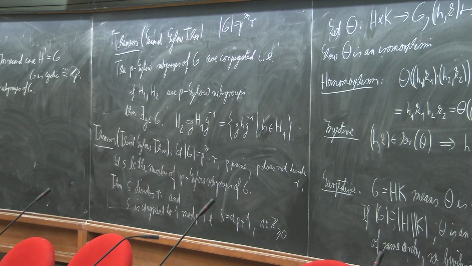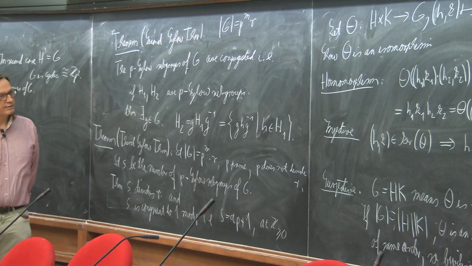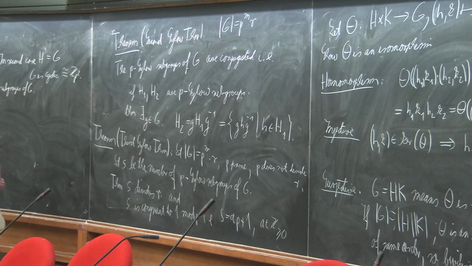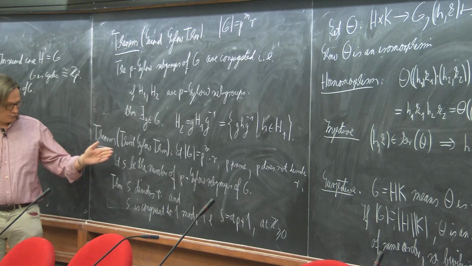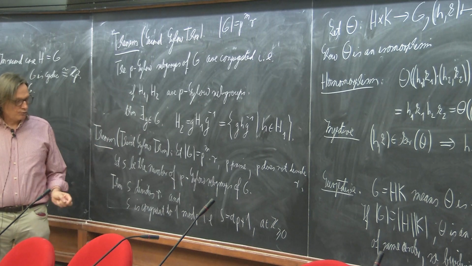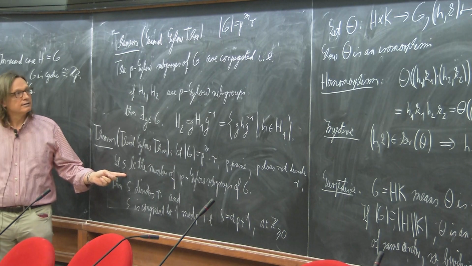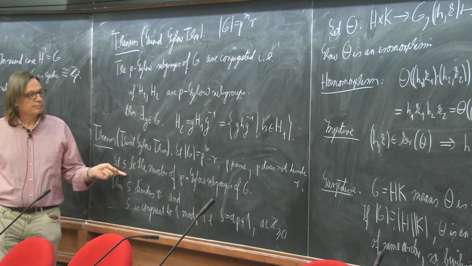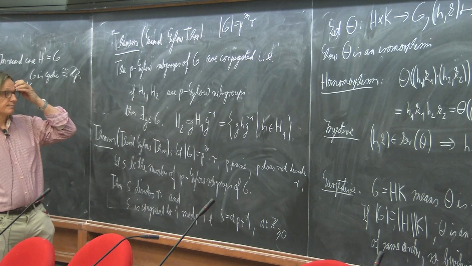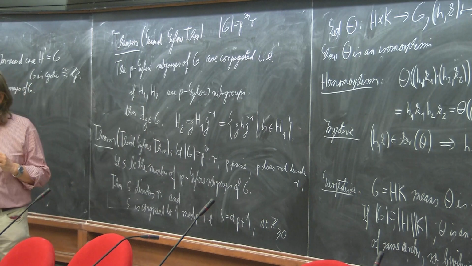So one thing, how one can use these theorems very well together, is one can, for instance, use them to show that our group G has to have a normal subgroup. Namely, if you can somehow use the third Sylow theorem to show that this number S is equal to 1, so that there's only one P Sylow subgroup, then automatically it has to be a normal subgroup.